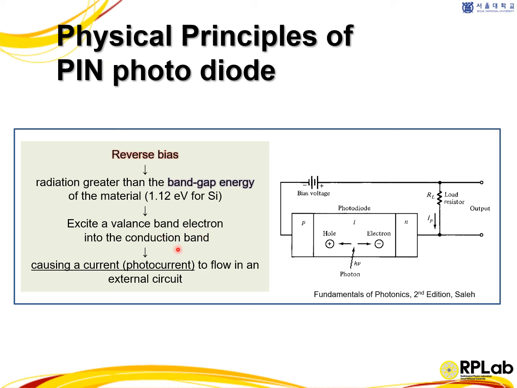When the electron is excited from the valence band to the conduction band, it will cause a current, or photocurrent, to flow in the external circuit. That's how the photocurrent is produced.